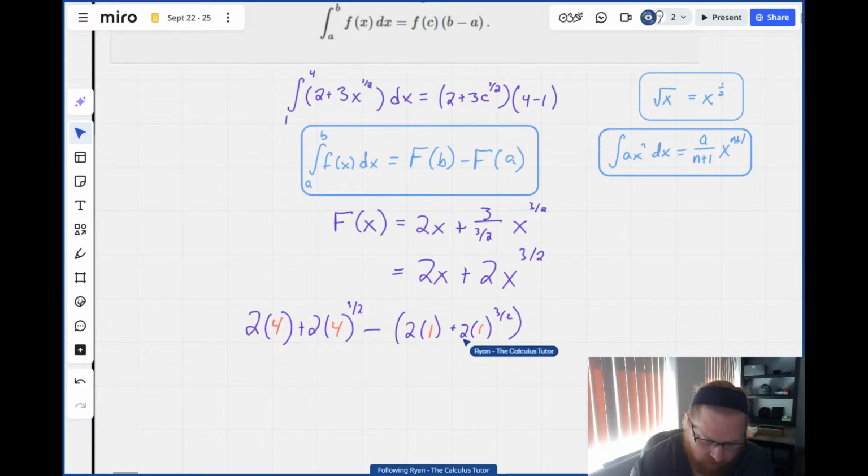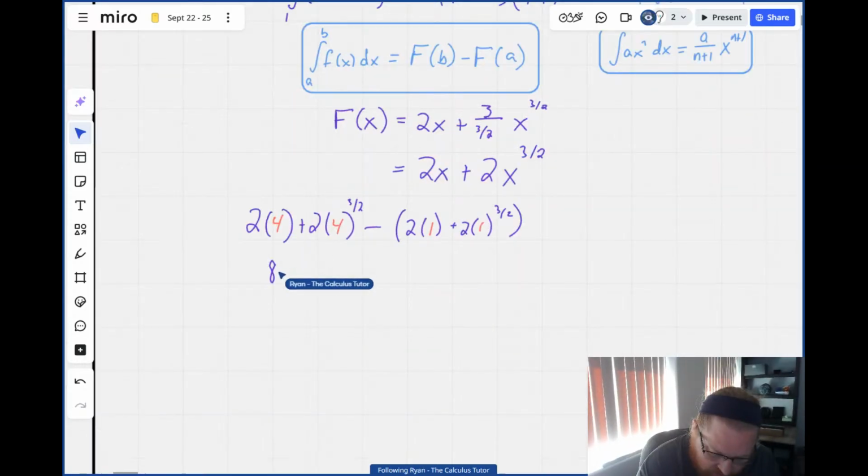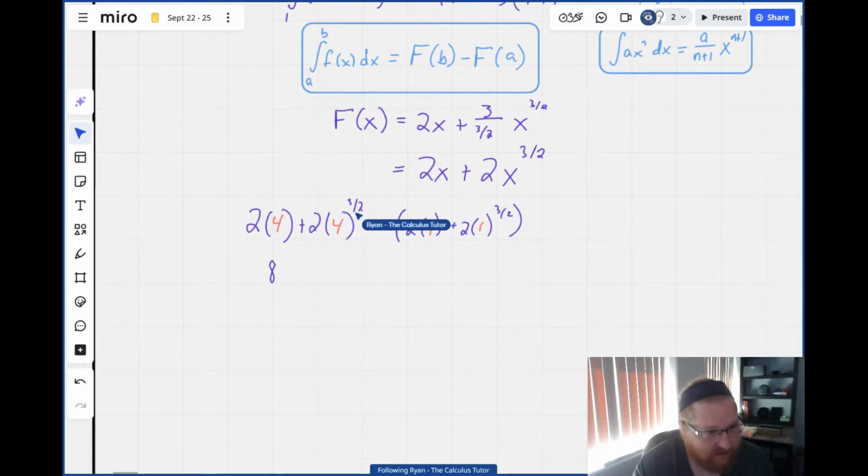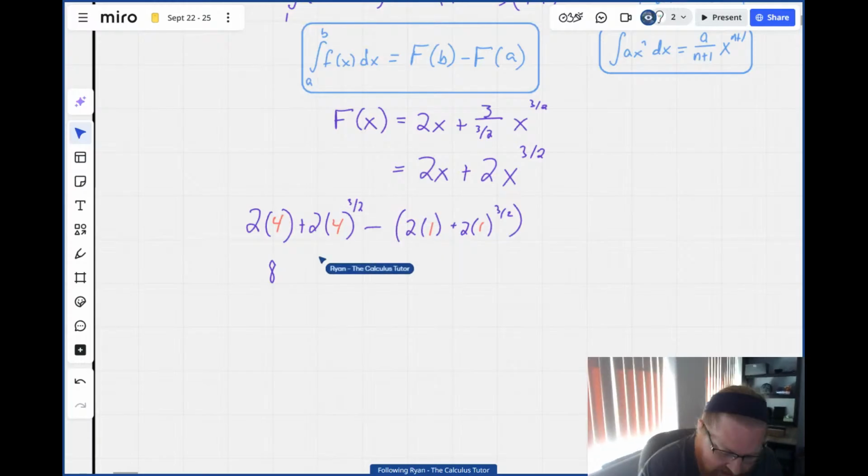And there we go. So this will be 8. 4 to the 3/2. The half power tells us take a square root. Square root of 4 is 2. And then the 3 tells us raise that to the third power. 2 to the third power is 8. 2 times 8 is 16.